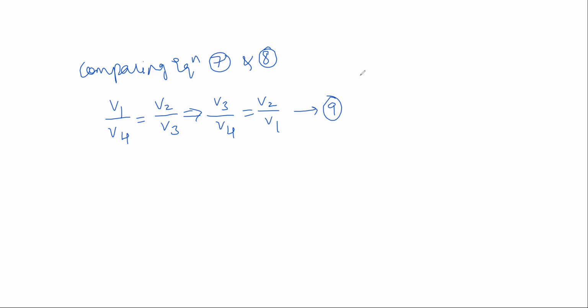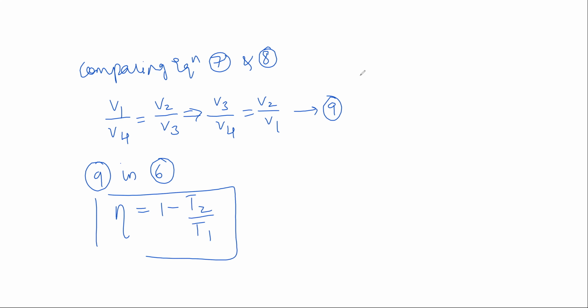Next, put equation 9 in equation 6, and on substitution we get efficiency eta is equal to 1 minus T2 by T1, and we prove it. So this is one of the important derivations. Definitely they will ask it for 5 marks. So see how this can be done.